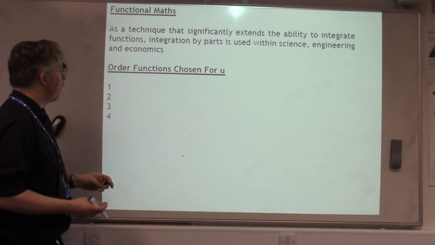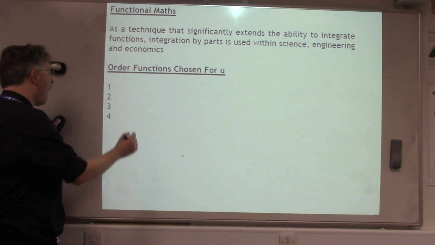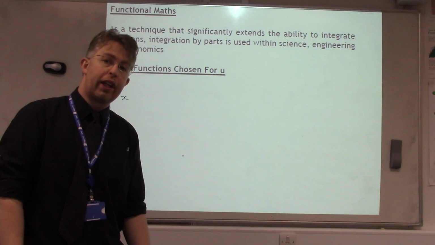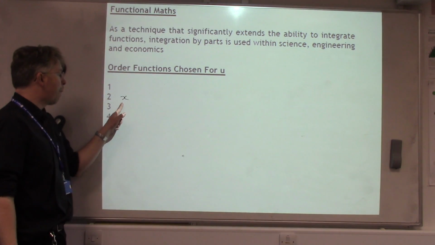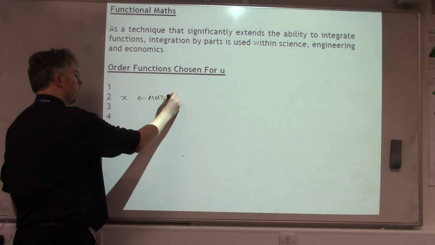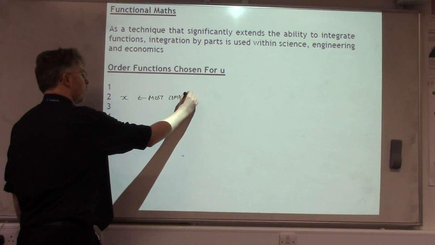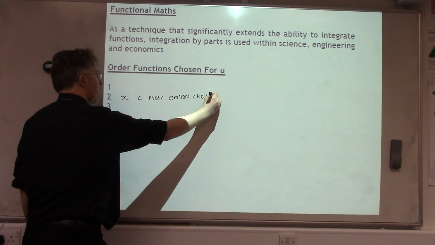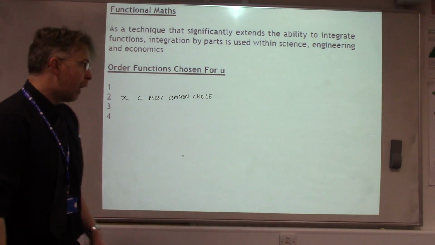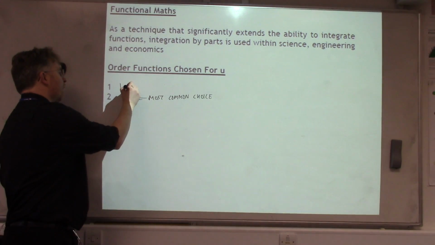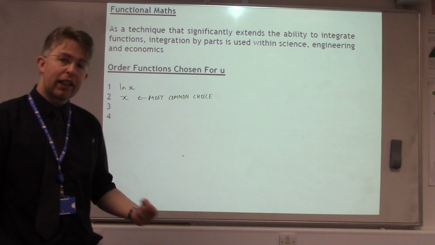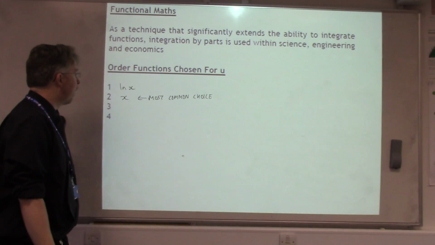The most common function will be x, but that should only be your second choice where it exists. The one that outranks absolutely everything is ln x. And that goes first. So if you see ln x, that's your u in an integration by parts.